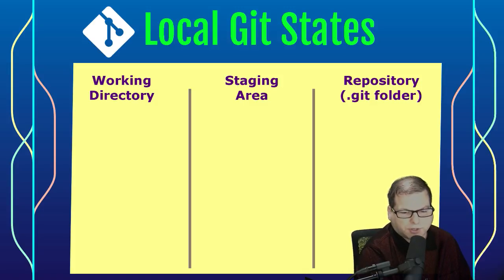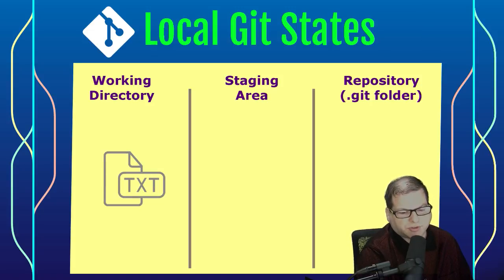Next, let's look at the local states in Git. That includes the working directory, which we just covered, the staging area, and the Git repository itself. So this is part of the two-stage commit process, in which we start out with files in our working directory.